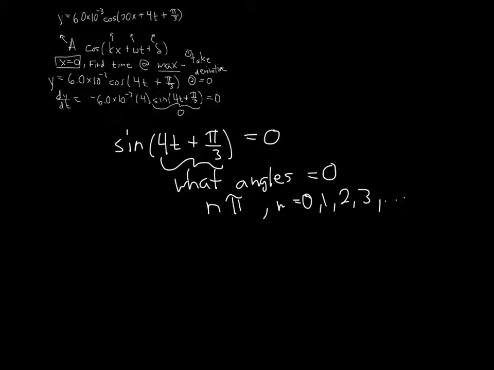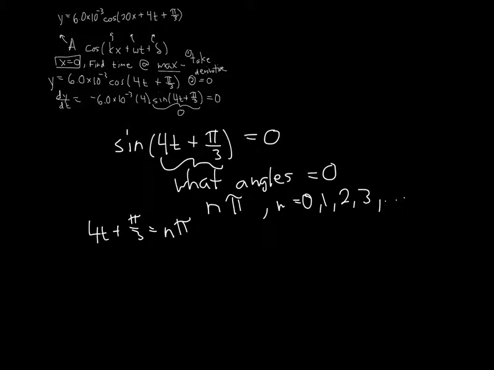You can look this up in your integral or constant sheet, in your tables. You can know this from the unit circle, any of these different approaches to figuring out when sine is equal to 0. So I need 4t plus pi over 3 to be equal to n times pi.